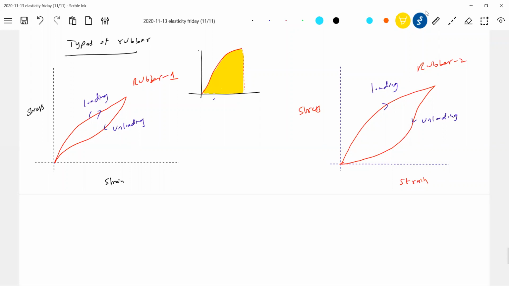So we'll agree this is during loading. Now during unloading, the curve is like this. Now which area will be more?